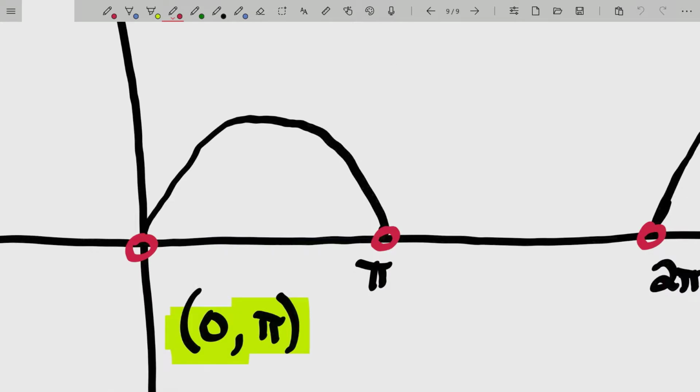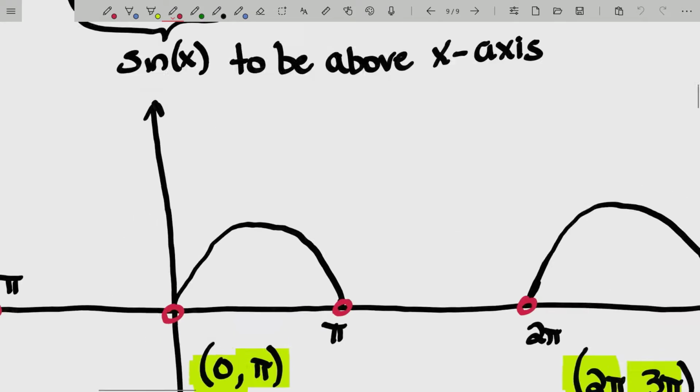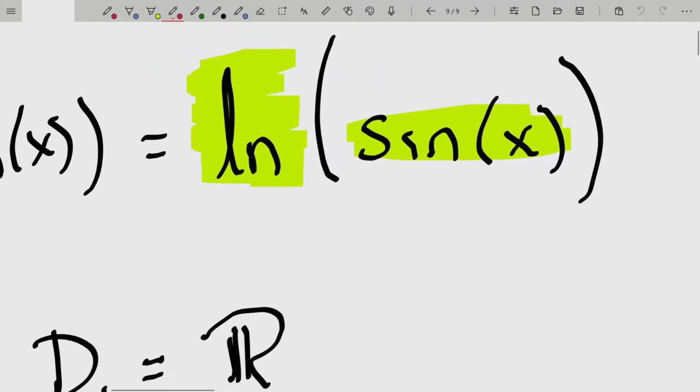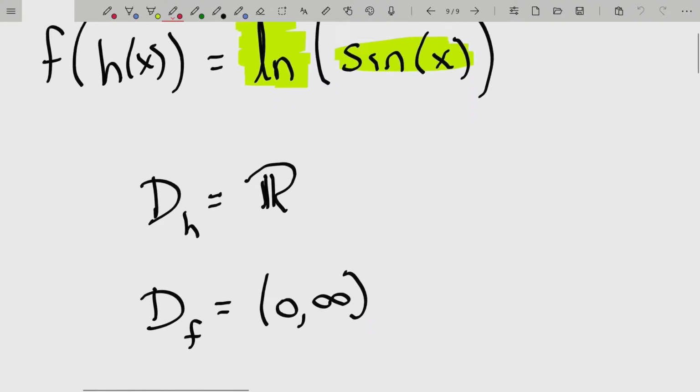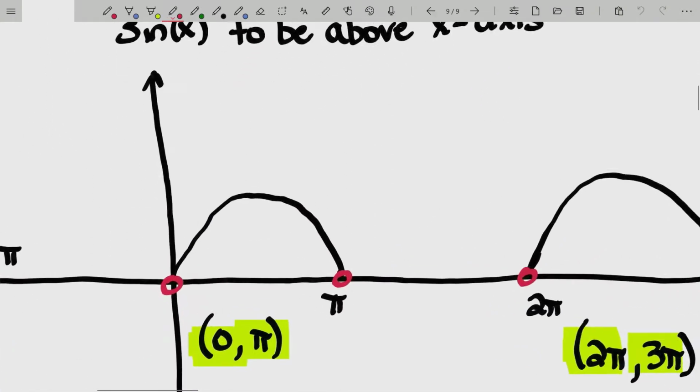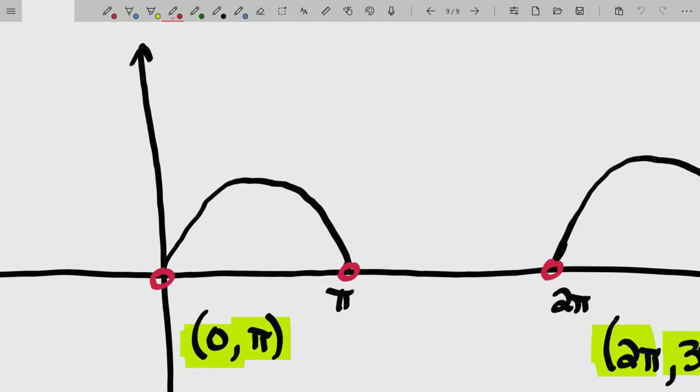For example, we're about to plug in x values that go from 0 to pi, let's just pretend, into our function, the natural log of sine of x. So if we're going to graph the natural log of sine of x, let's just start by thinking about what it looks like from 0 to pi.